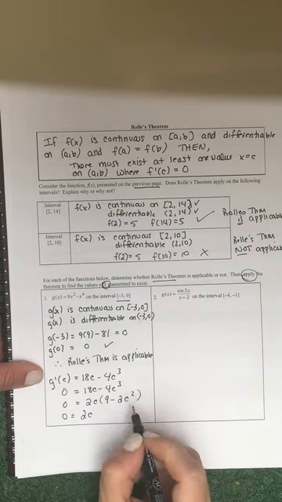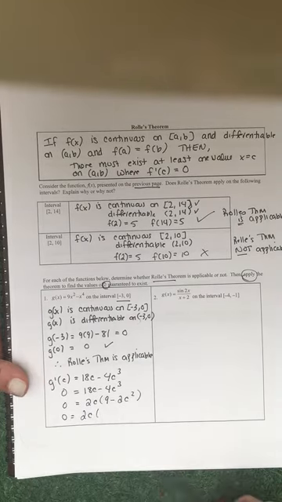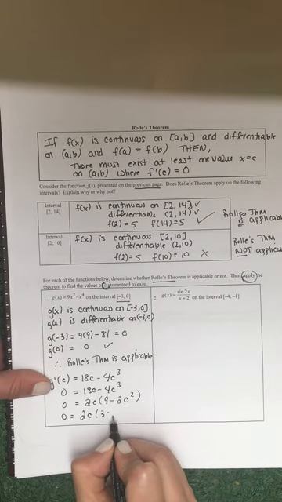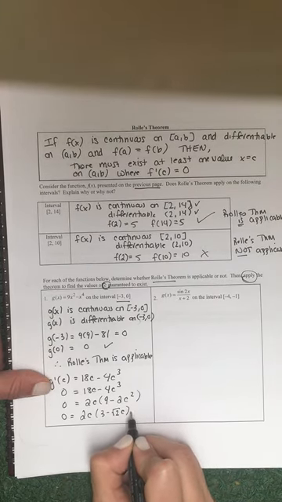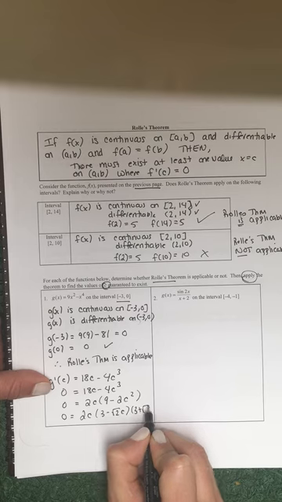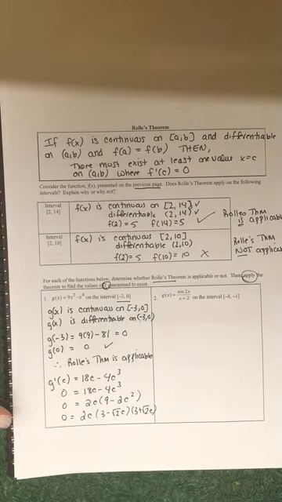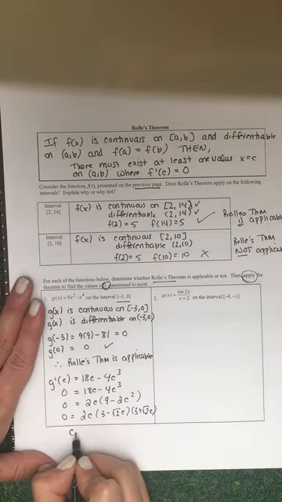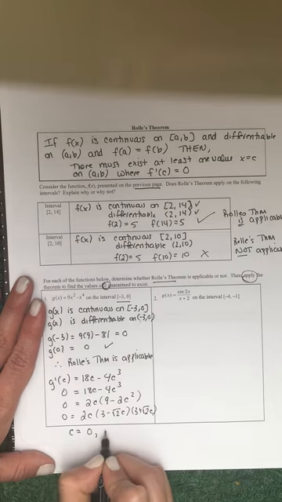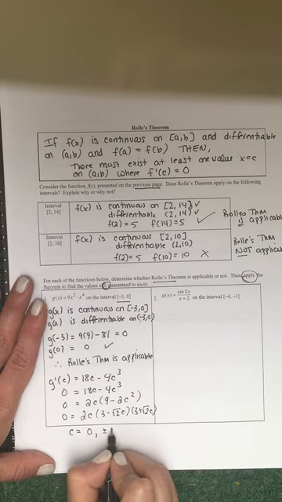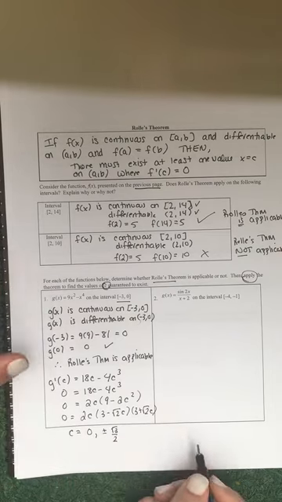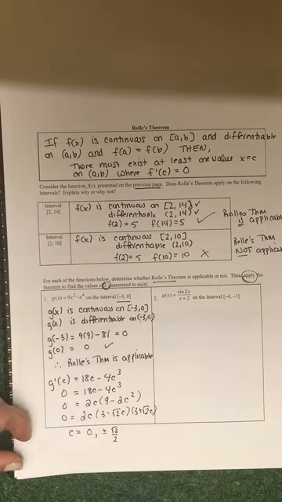And we can use difference of squares, 3 minus square root of 2c, and 3 plus square root of 2c. So here we'll find that c is equal to 0, and plus or minus radical of 3 over 2.